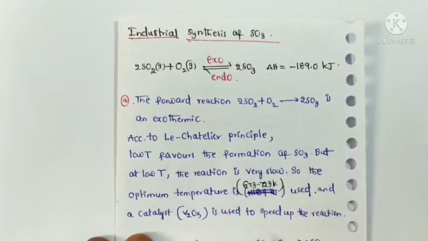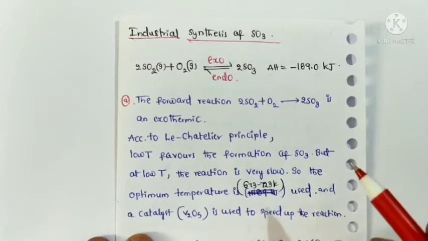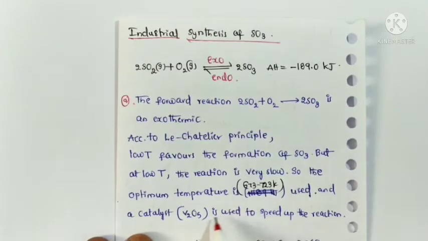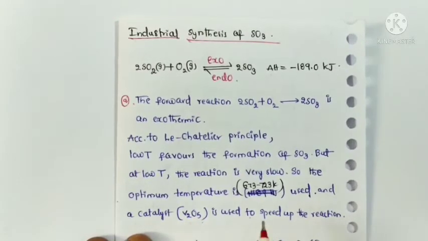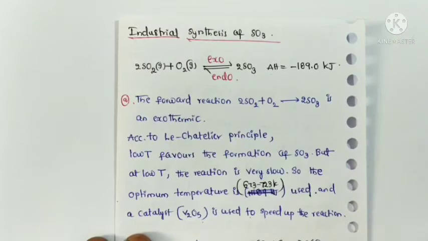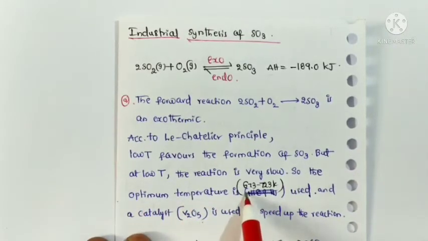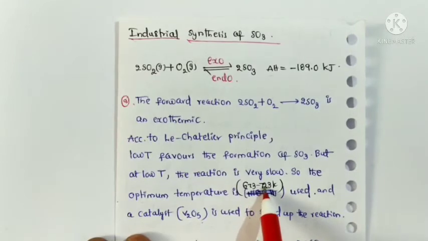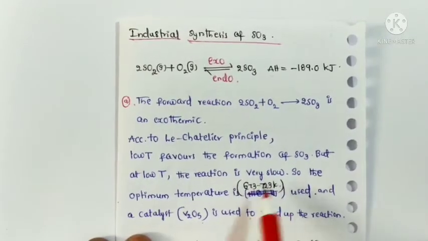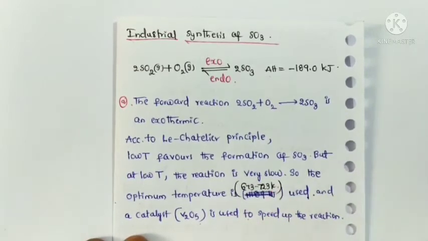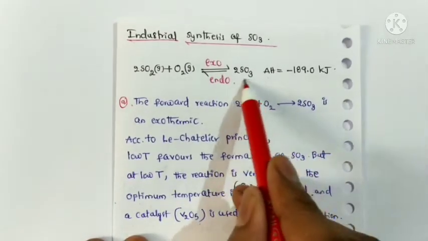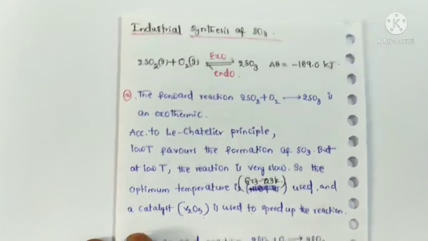That's why a catalyst is used. Here vanadium pentoxide is used as a catalyst to increase the speed of the reaction. And how much is the optimum temperature? 673 to 723 Kelvin.